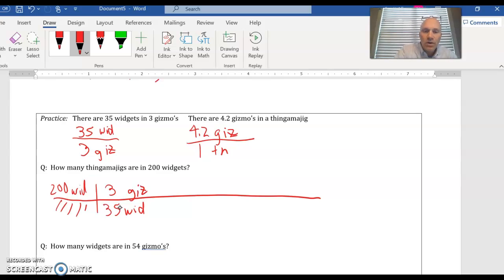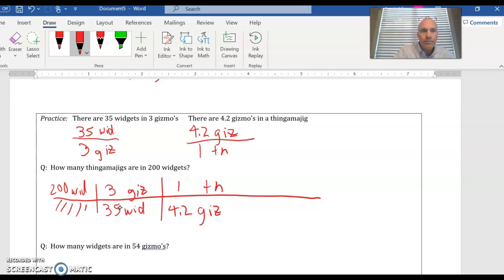Now I've got something that gets me where I want to go, because I need gizmos down here, and if I flip this one over, that would put thingamajigs up top. So there are 4.2 gizmos in 1 thingamajig.